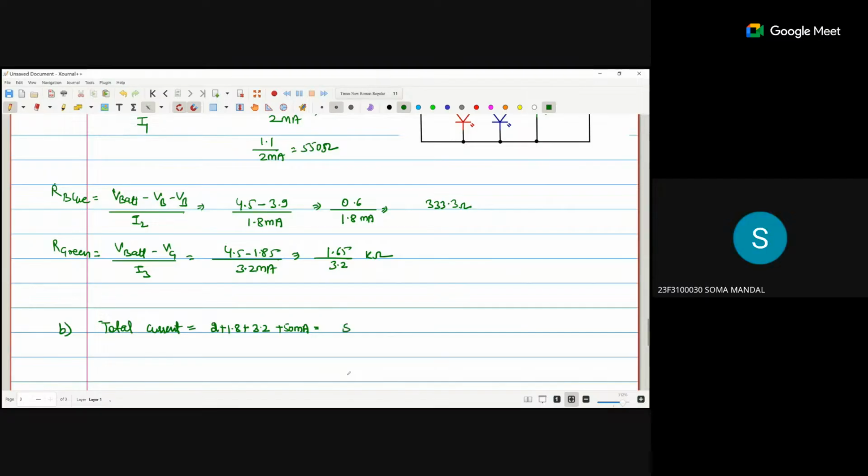That means 57, so total current is 57 milliamp. If we require a battery for 10 hours, the battery rating is 57 into 10, which is 570 milliampere hour.